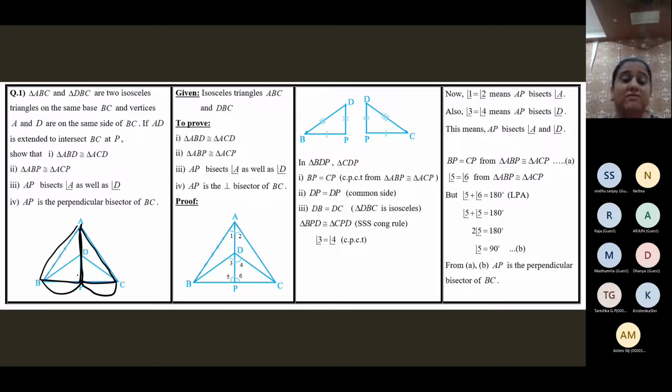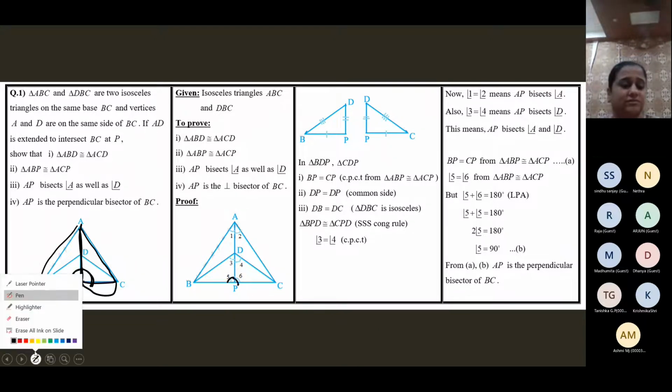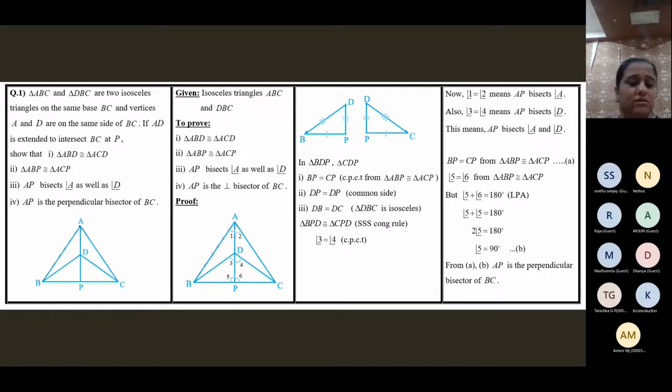So we already have BP is equal to CP. And in one other triangle, we proved that this angle is equal to this angle. From the congruency of these two triangles, we know that this angle is equal to this angle. That is, angle 5 is equal to angle 6. See here, these two triangles, ABP, ACP.